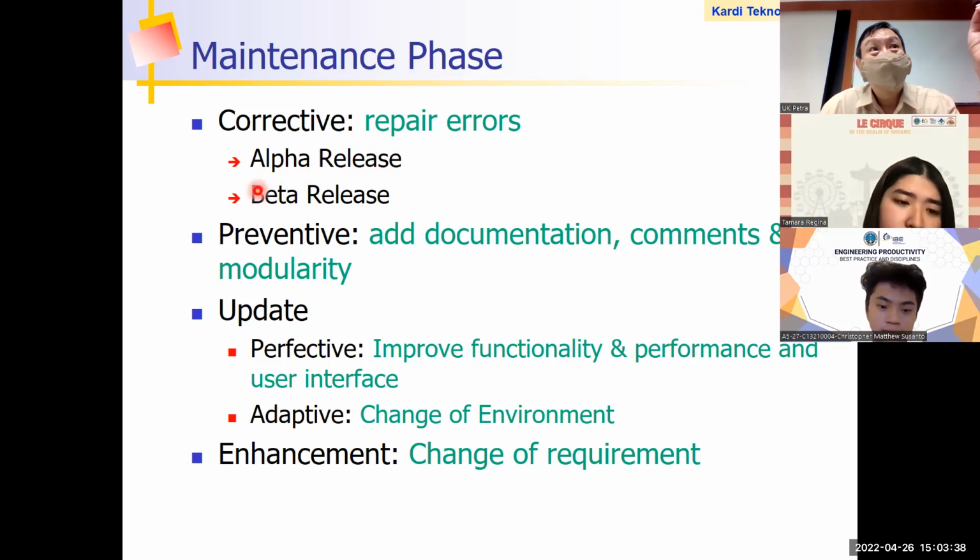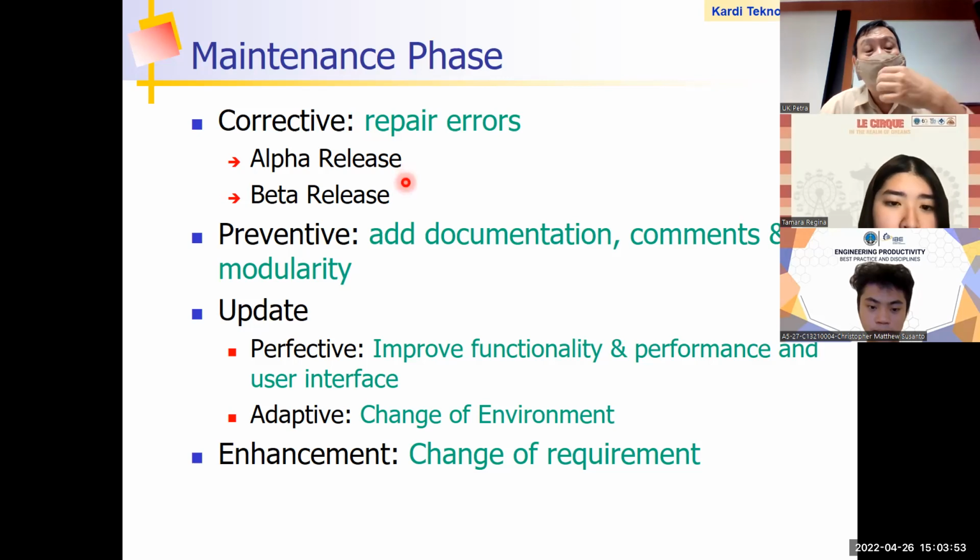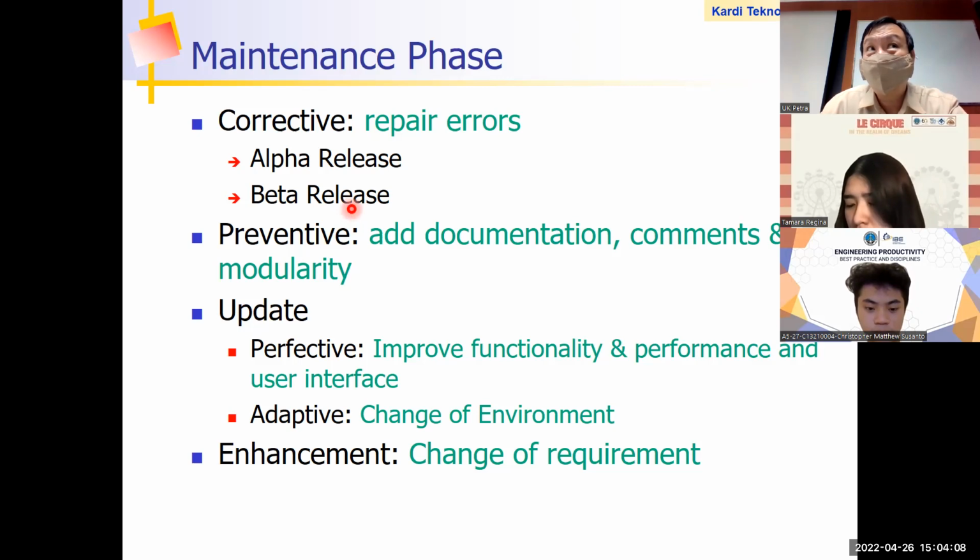And after you accept it, with almost no errors, you go to beta release. What is beta release? Alpha release is usually only for yourself. Anyway, that depends on the software development lifecycle. But beta release, usually you already release to the customer. If you join Microsoft, sometimes before they release, they will say, this is a beta release, do you want to join?